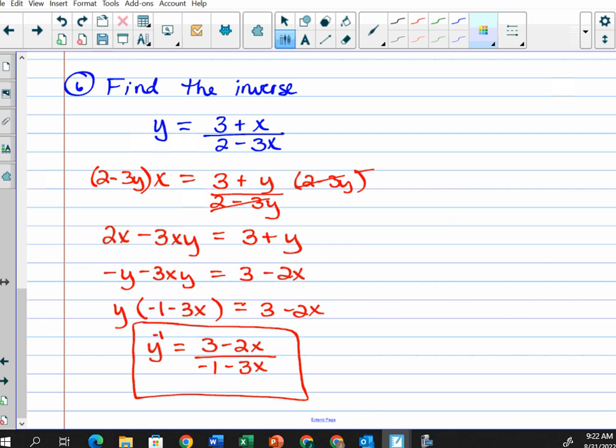Okay, did I lose anybody in the middle of that one? I need a second. Okay. If you move the 3 to the left side and try to factor it, you could, but it doesn't have a y.